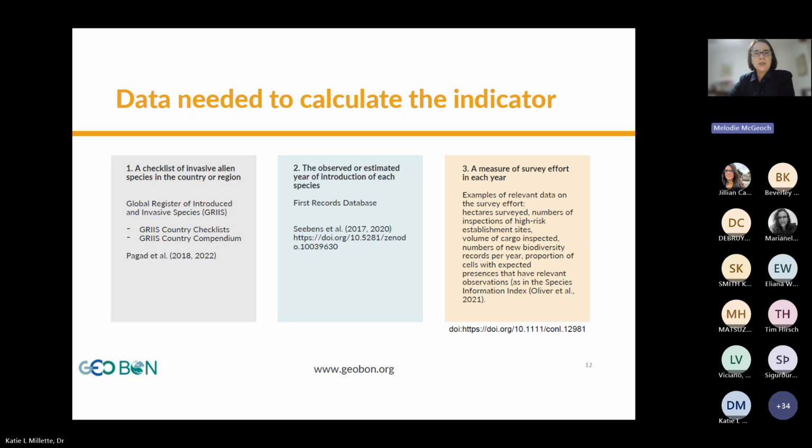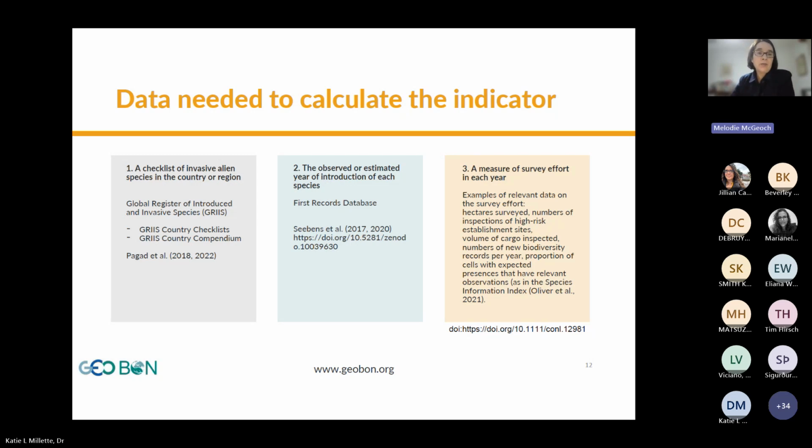So the data needed to calculate the indicator, these 3 types of data, as I've just mentioned: different countries, as I don't need to tell you, are at different stages in terms of preparedness of their data sets to produce these indicators. Some countries have pretty good data on all of these 3, I would say very few countries have good data on all three types of data needed.